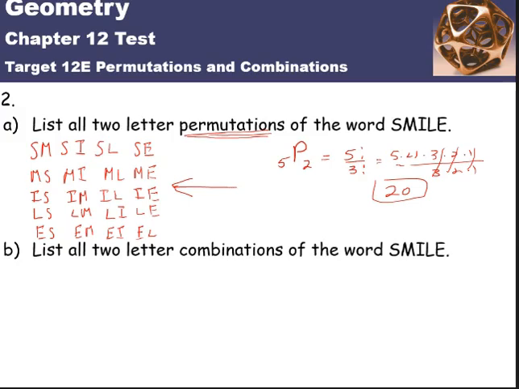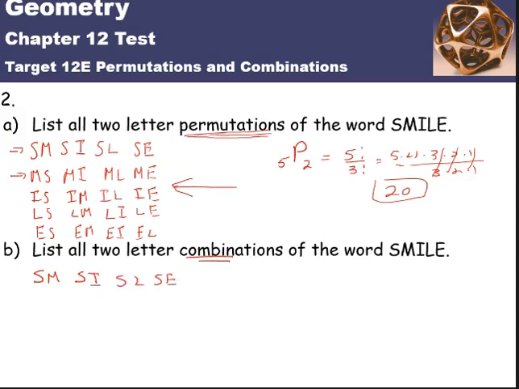Now I want you to look at this. In a permutation, S first and then M is different than M first and then S because order matters. Now in a combination, order doesn't matter, so SM and MS count as one single problem. So I'm going to write SM, SI, SL, and SE.